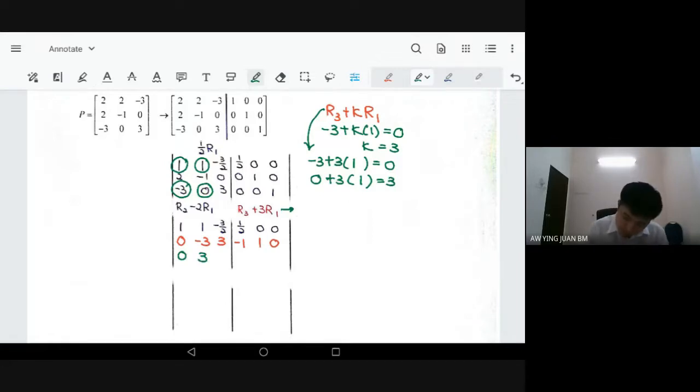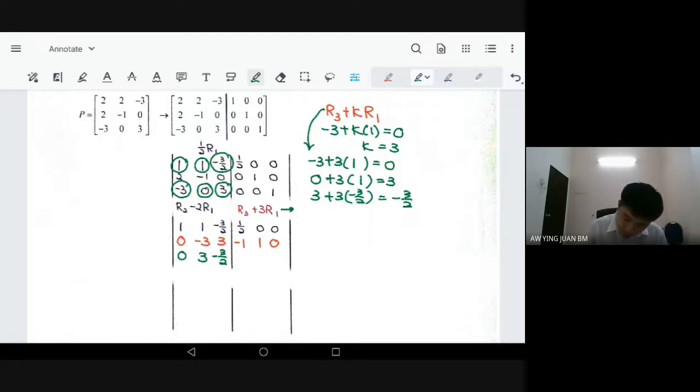Next, we have 3 plus 3 multiplied with the R1, negative 3 over 2. If you refer to the calculator, you will obtain negative 3 over 2. So we will obtain negative 3 over 2. So write down the answer.